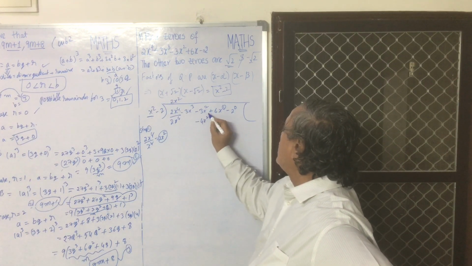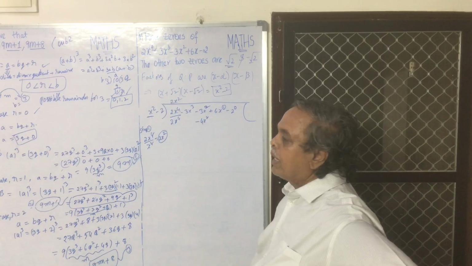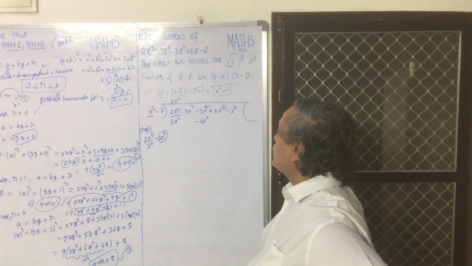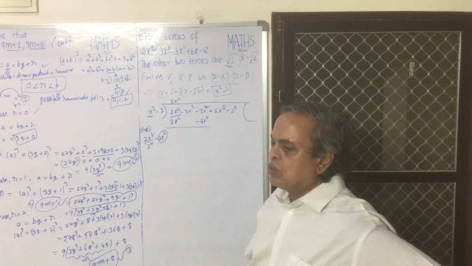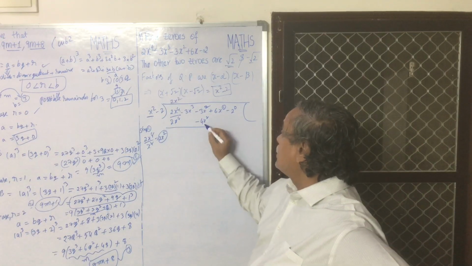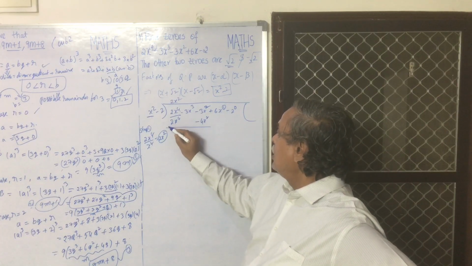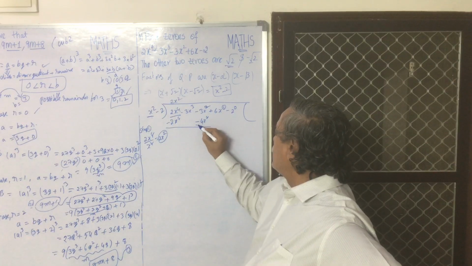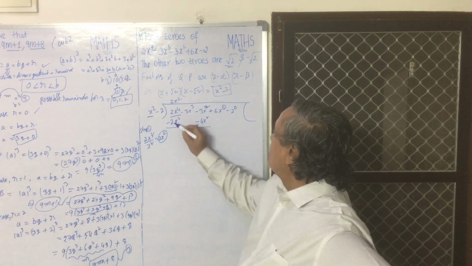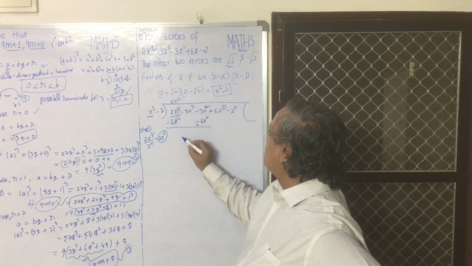Here x square is there, so write it under the minus 3x square. Then change the signs: here minus will become plus, and this minus into plus cancels.